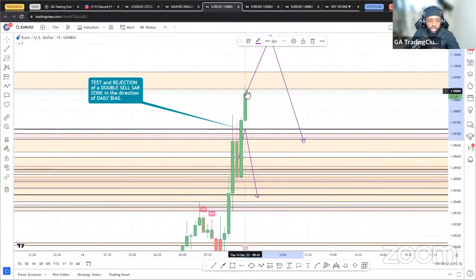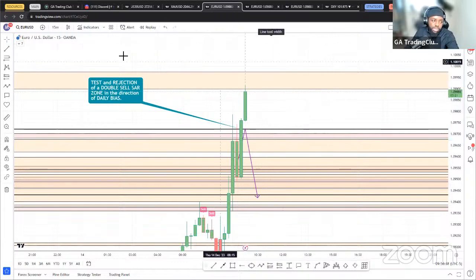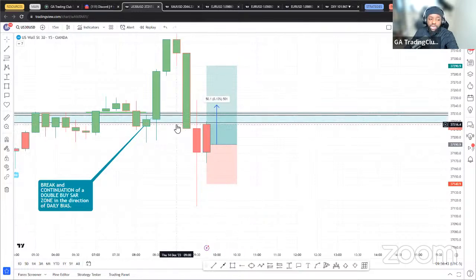If you entered the 1 minute right now, you might be part of that manipulation. So there's no rush. Let's just be patient and see how that goes. And you can see US 30 is pumping up. We just have to pick the most optimal trades or trade setups.